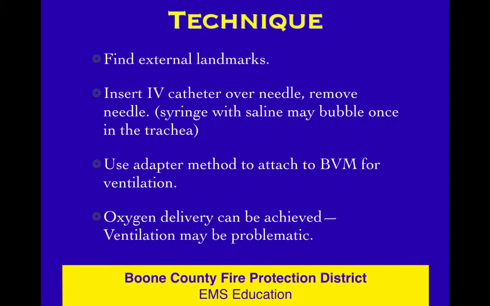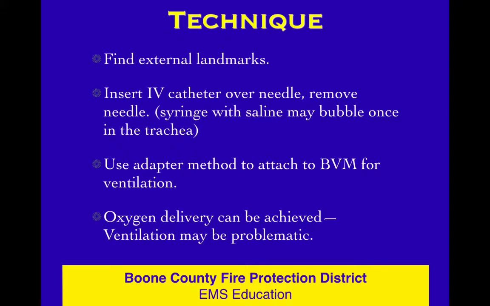Then you've got to use some sort of an adapter to attach it to the bag valve mask. We'll talk about that here in a minute. But basically you start the IV, you pull the needle, you leave an IV catheter sticking out of the person's neck at the cricothyroid membrane. And it's pretty good for getting some O2 in, but not a lot of ventilation is going to come back out through that hole.